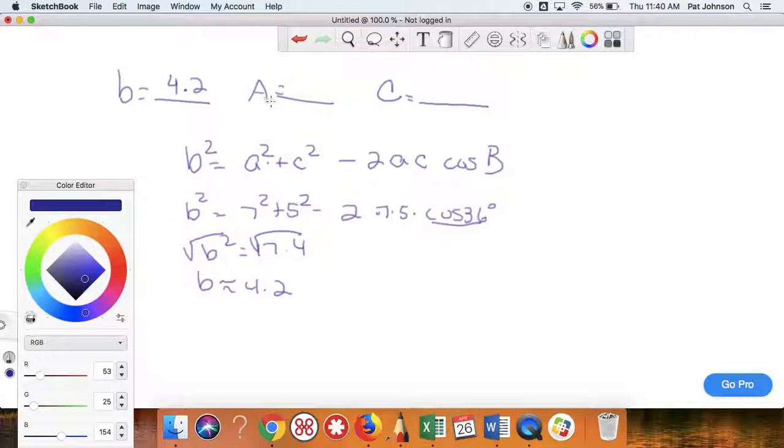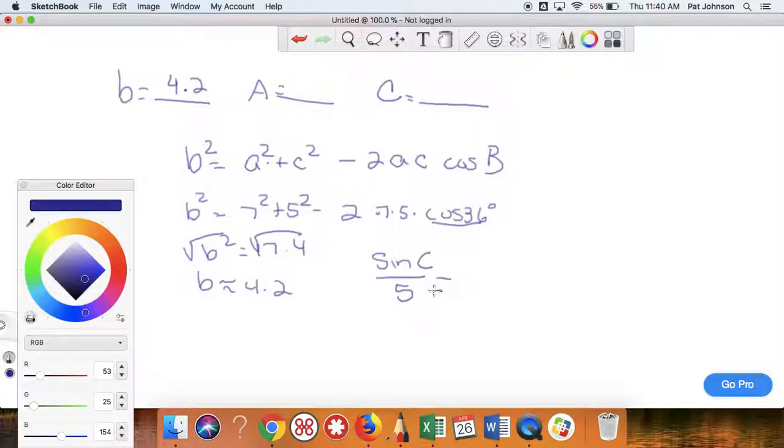Now, in order to find the angles, I can simply use the law of sines. I want to find the smaller angle first, just to avoid an error, in case the big one is obtuse. It could be acute as well, but it could also be obtuse. So we're going to take sine of C over 5.